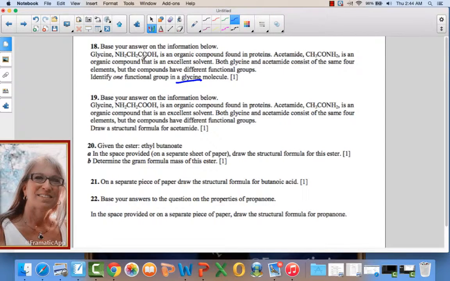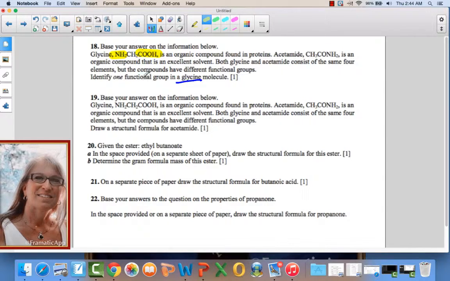So the biggest one that's easy to see is the COOH, and the other one that's here is the NH2. So this glycine is actually an amino acid because it has an amine group and it has the COOH.